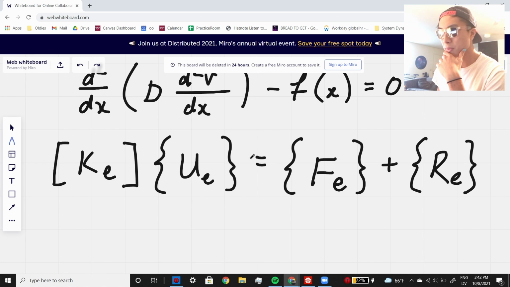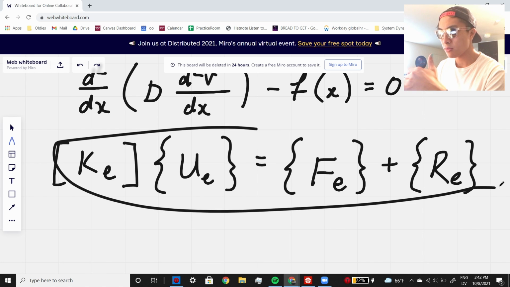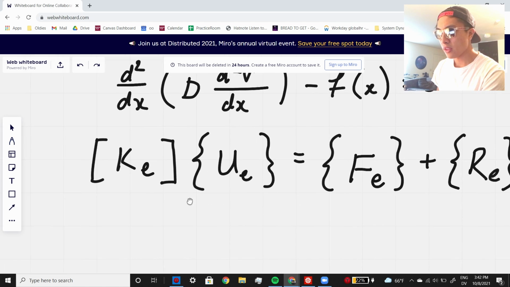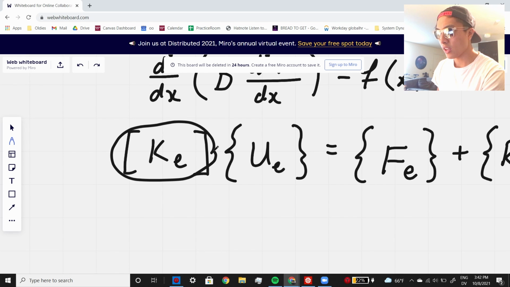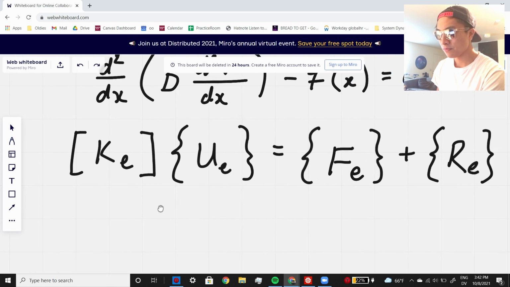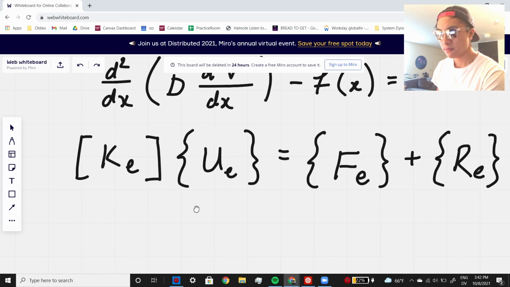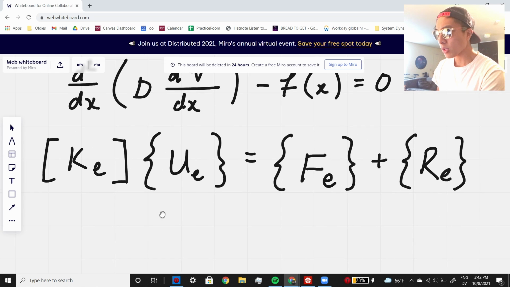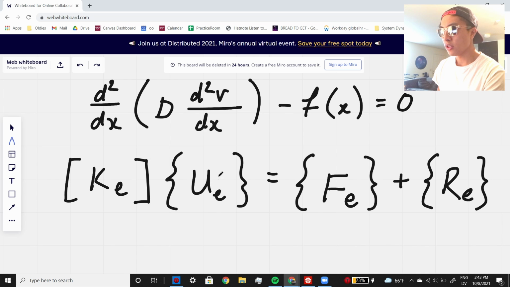I think there's some assumptions made here to get this matrix equation. I think in some cases the K matrix will be different as it'll be added with something else, and that's called an A matrix, I think. But the point is here, UE is basically V in this case.